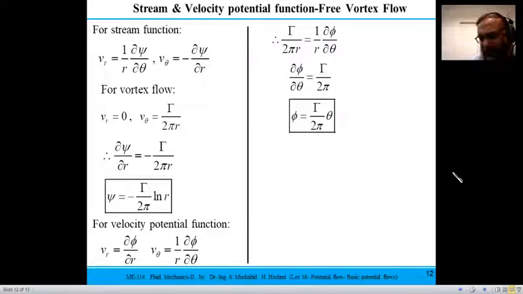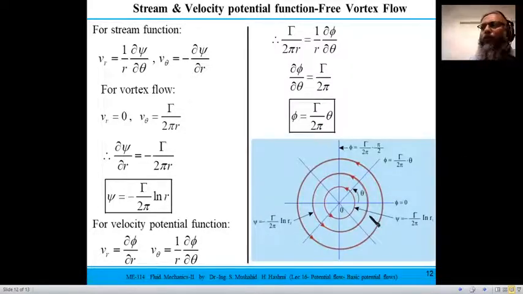It would be just opposite to the source and sink flow, because now my stream function is some function of r. So at every r I have some new value of psi. Similarly, the velocity potential function would be the radial line. For every theta you would have some value of phi 1, phi 2 and phi 3, and so on. So this would be its flow net, representing the stream function as well as the velocity potential function.